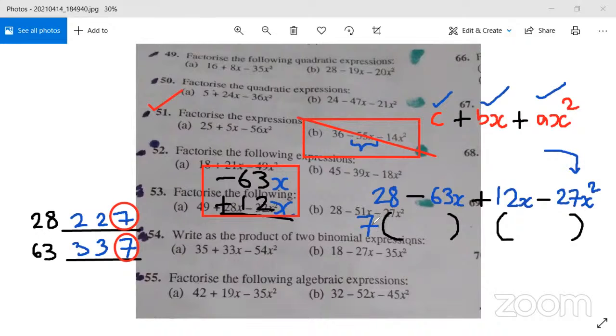I nearly made the mistake myself. But how I was able to remember is, let's say I put the 7x here. If I multiply 7x by 4, I will get 28x. But there is no 28x, right? So sometimes you have the red flags.